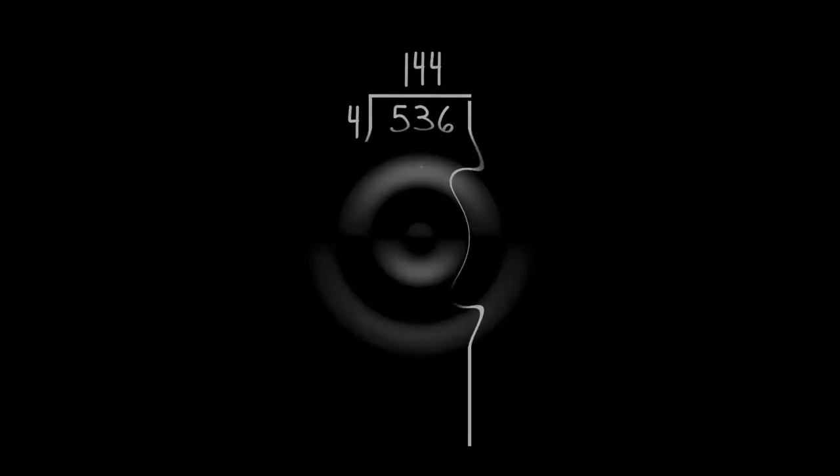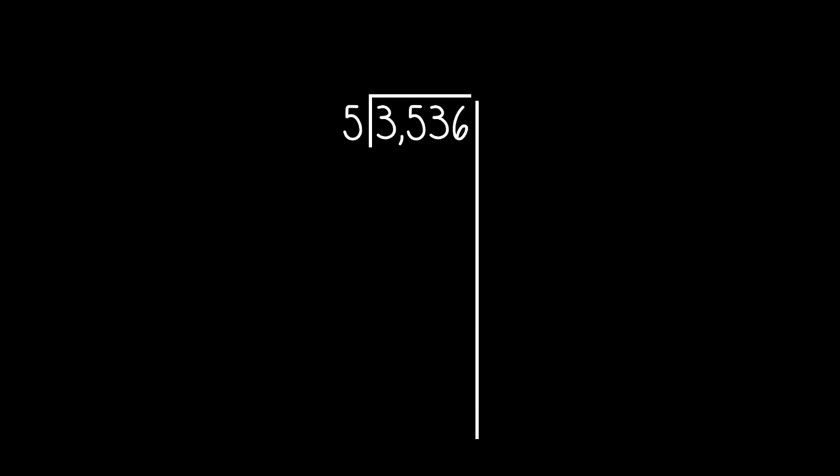Did you get it? Want to try one a little more challenging? How about this one? 3,536 divided by 5. Press pause. The quotient is 707 remainder 1.